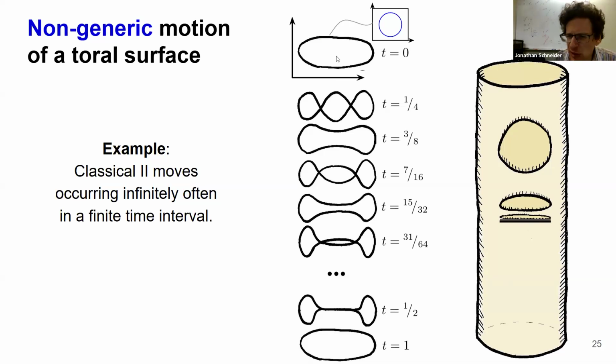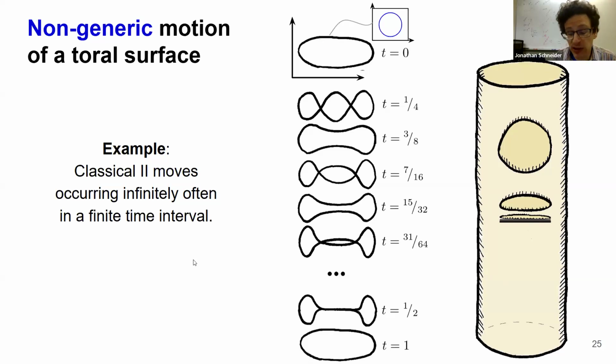It does some kind of classical Reidemeister 2 move on itself, and then undoes that Reidemeister 2 move, but then does it again and again, going back and forth like a vibrating guitar string, each time with a slightly lower amplitude, until eventually it converges into this non-generic diagram at time 1/2, and then opens up again. Basically, I've performed the classical 2 move infinitely often, over and over, but smaller and smaller each time, until I get a non-transverse crossing at the end, and then I just open it up.